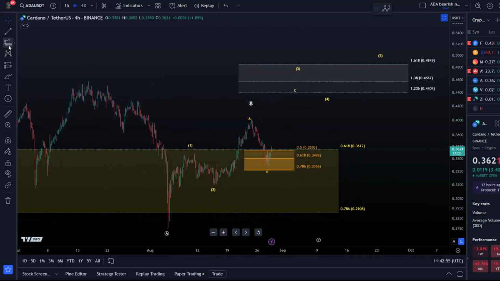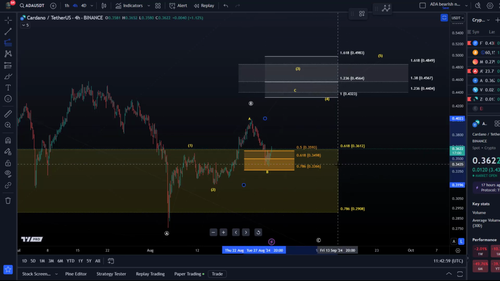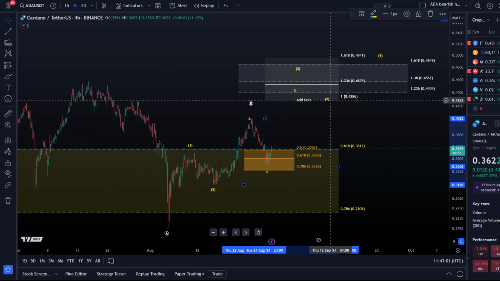Then wave C to the upside should reach the 100% extension, that's around 43 cents. But the next larger fib level based on the initial 1-2 setup is located at 44 cents. So that would be my rough target zone between 43 and 44 cents.